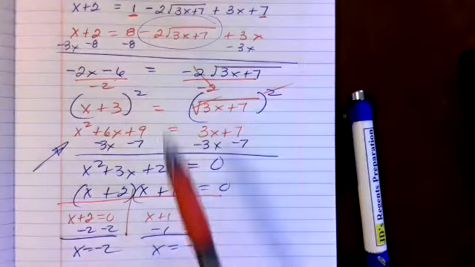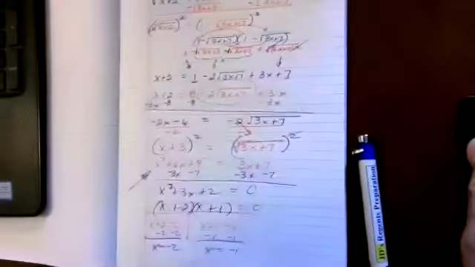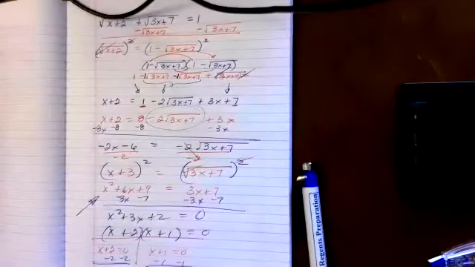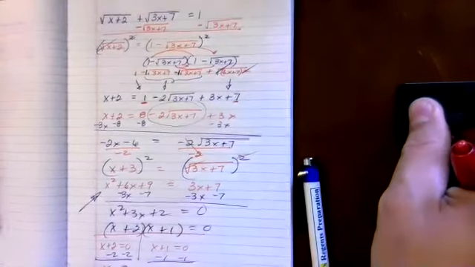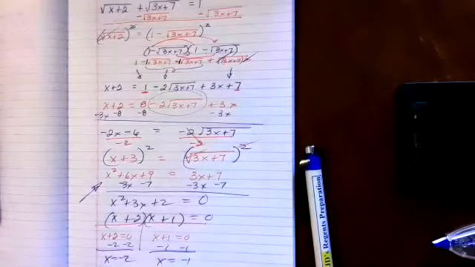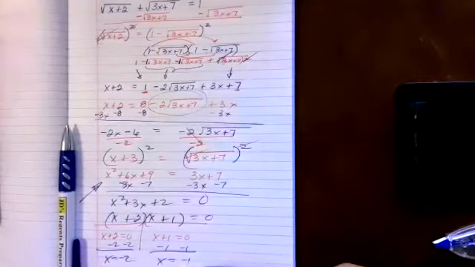Now I want to take these and substitute them back into the original and see if it checks. Try it out. Tell me what checks, if anything checks. I'll start with -1 because that's easy to do.